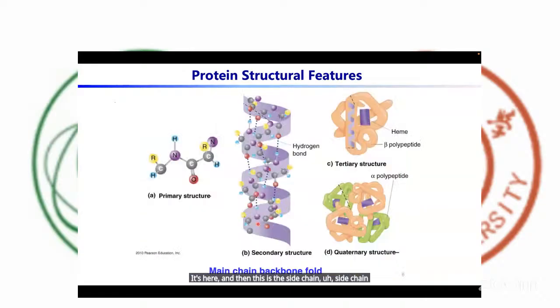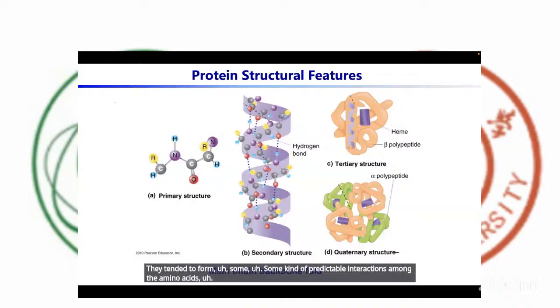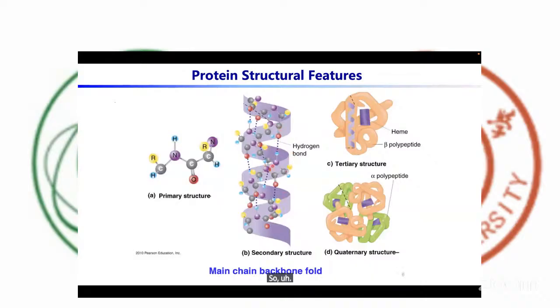Because of the physical chemical properties of those amino acids, they tend to form some kind of predictable interactions among themselves. If it forms this kind of hydrogen bonding scheme, the local chain folds into an alpha helix structure.